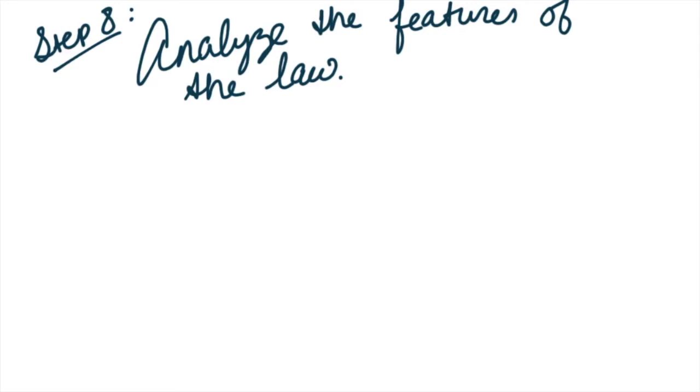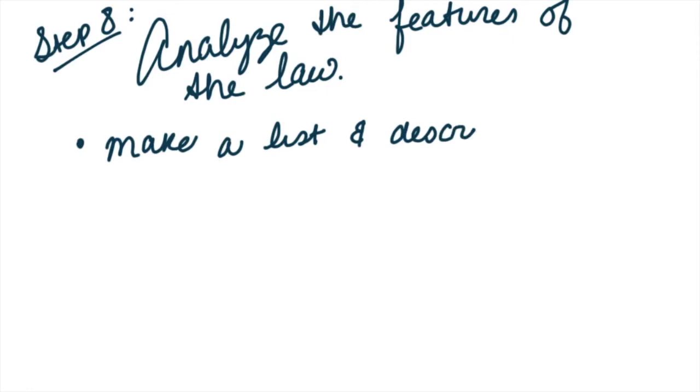And the patterns that you find in the law, you're going to list them. So you're going to make a list of the different elements of the laws that you find in different places. And then you're going to write a description of that category, right? So a feature is like a category.